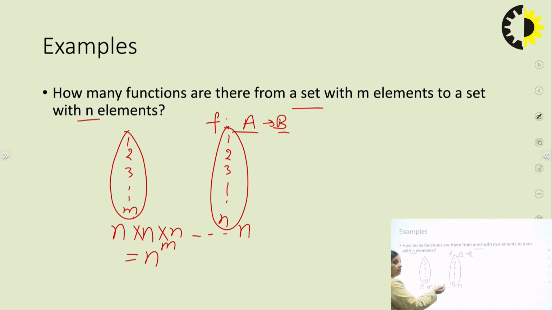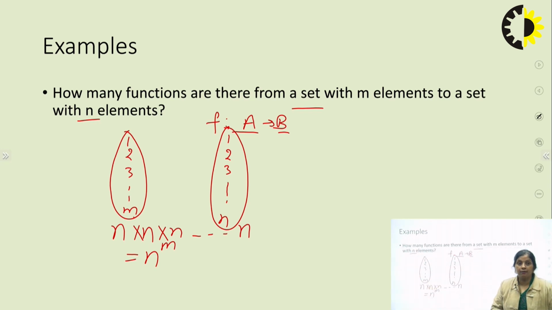Any element from here can be assigned any image from here, and the available options are n elements. So we have n to the power m possible functions.